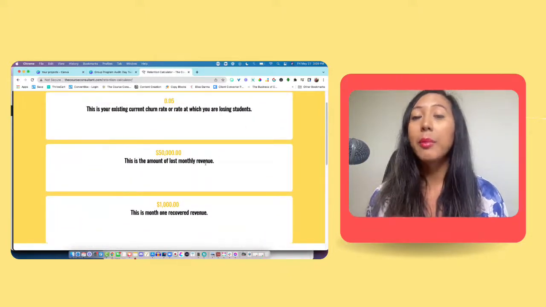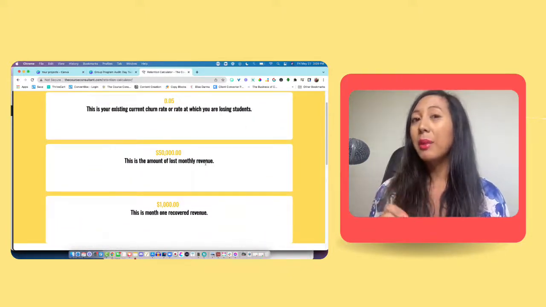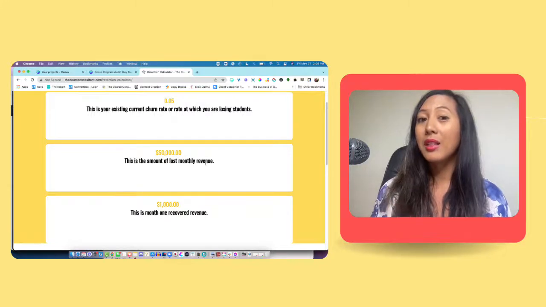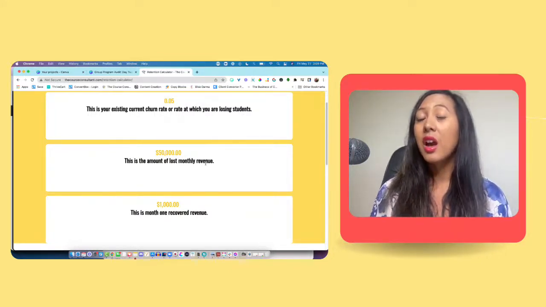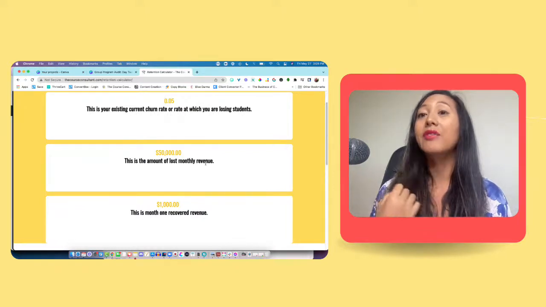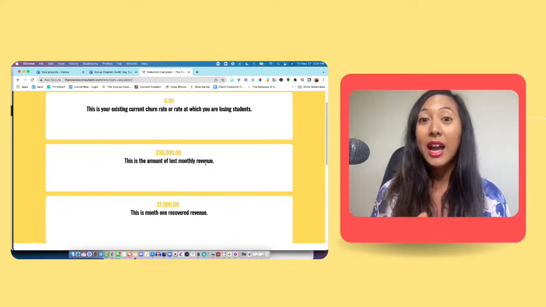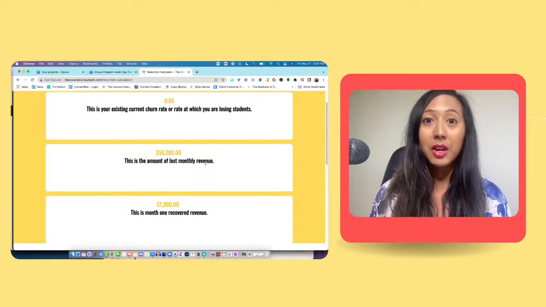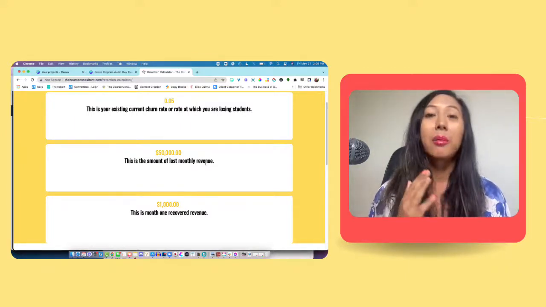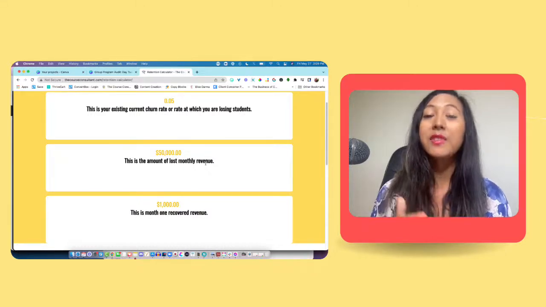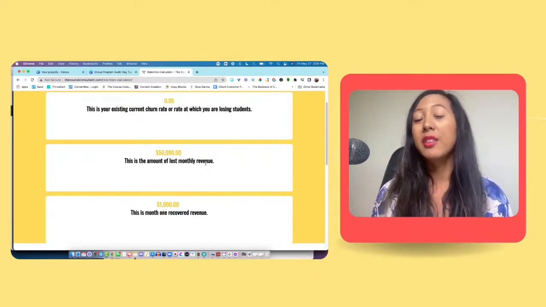So again, remembering that we said every single member was paying $1,000 a month, if we lost 50 members, that's $50,000 of monthly revenue that has gone away. So again, you've lost 50 members, that's $1,000 per member, and on a monthly basis, that's $50,000 per month that we're losing out on.